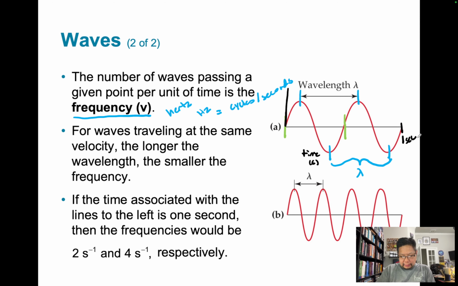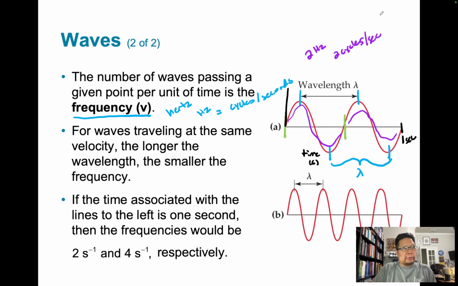Well, for this one here, right, since we have, let me change the color one more time. Do purple now. Since we have 1 and then we have 2, right, complete waves, this frequency is 2 hertz. Or you could say 2 cycles per second, right? And so that's what the frequency is.